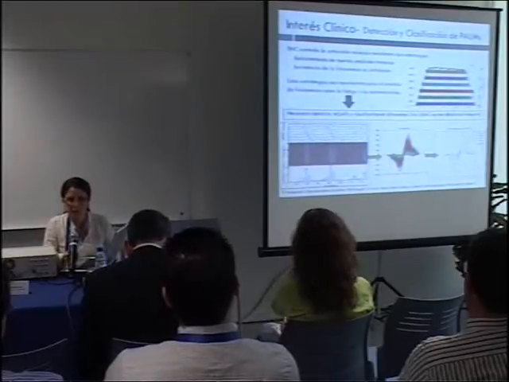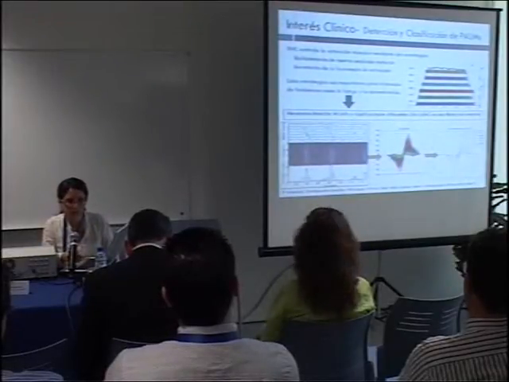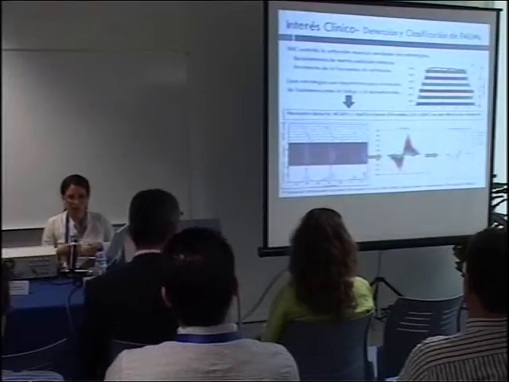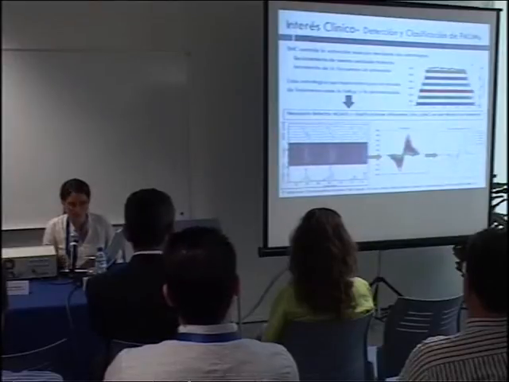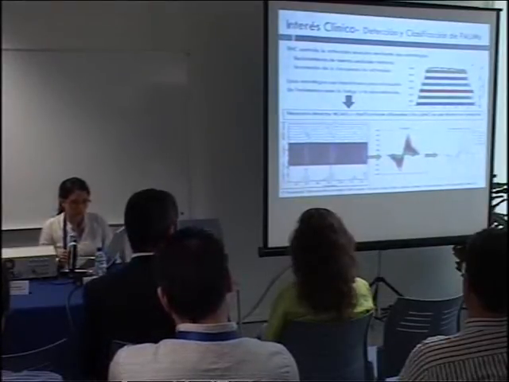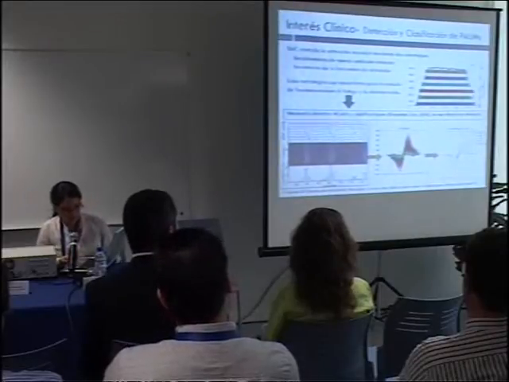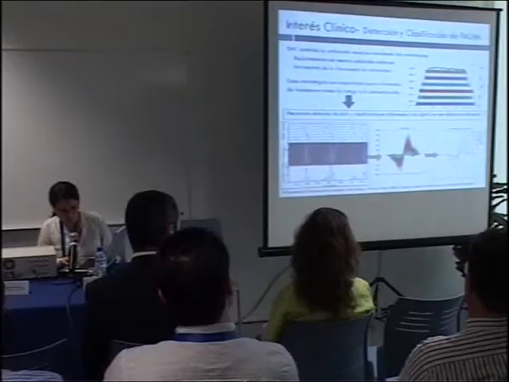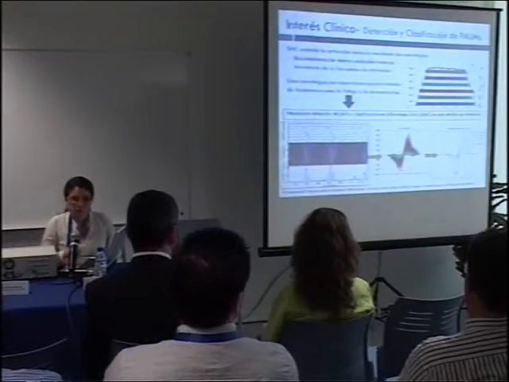Once you have the active units, you have to classify them in order to know how many there are and what shape they have. You can look at duration, amplitude, etc. Looking at this one here, for instance, we have 4 classes plus an outlier, a huge outlier.